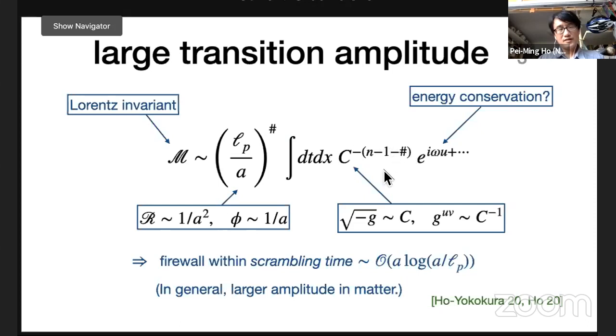But with derivatives, you always need g-inverse to make an invariant combination. So you always get some powers of C inverse. And the more derivatives you have, the more factors of C inverse you get. You will also get more factors of L_P over A when you have more derivatives, but those are easily compensated.